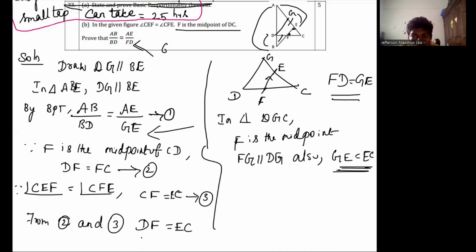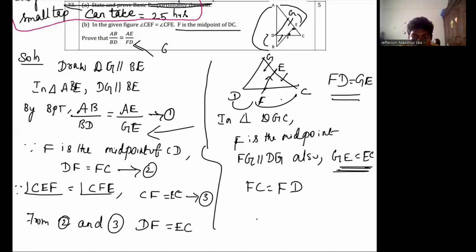EC is equal to DF. DF is equal to FC. FC is equal to GE, EC. Then the same, FD. Correct? Yes, ma'am. So FC is equal to FD.